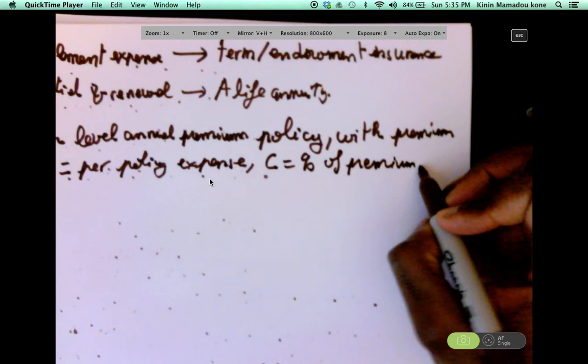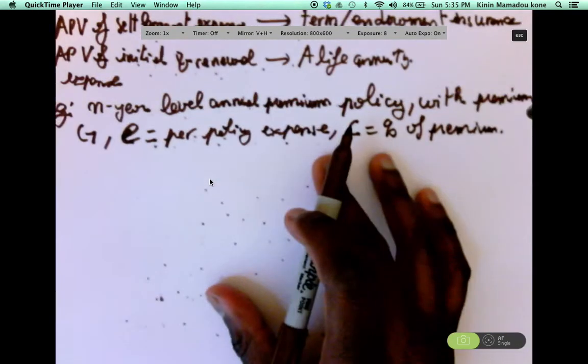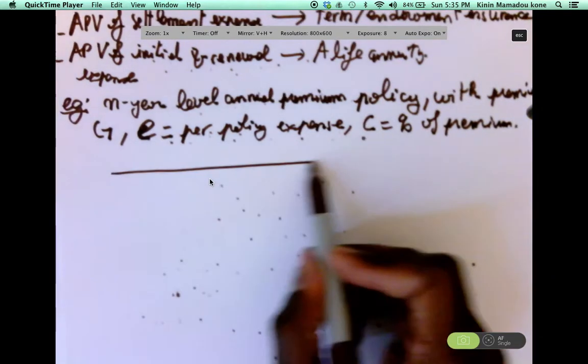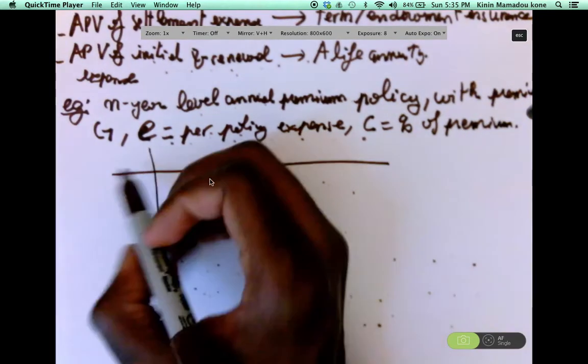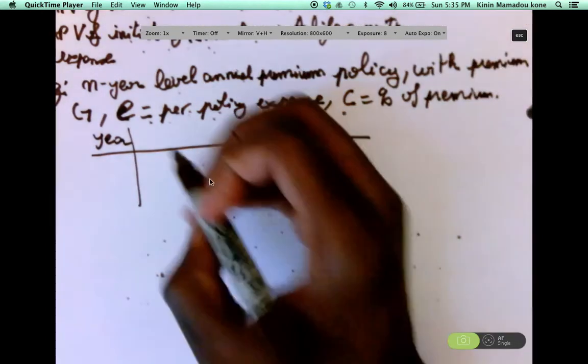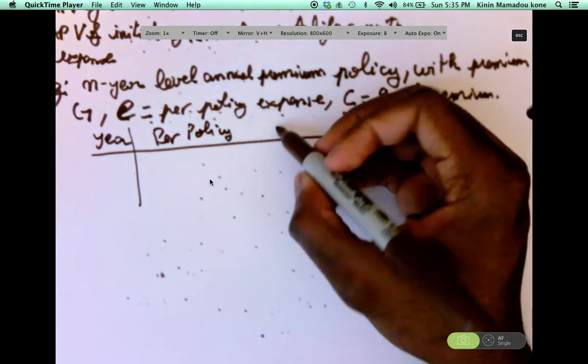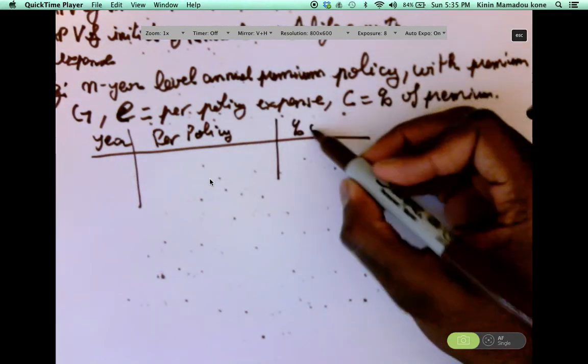So we come up with the following table, where we can see the year, the per policy expense, and the percentage of premium.